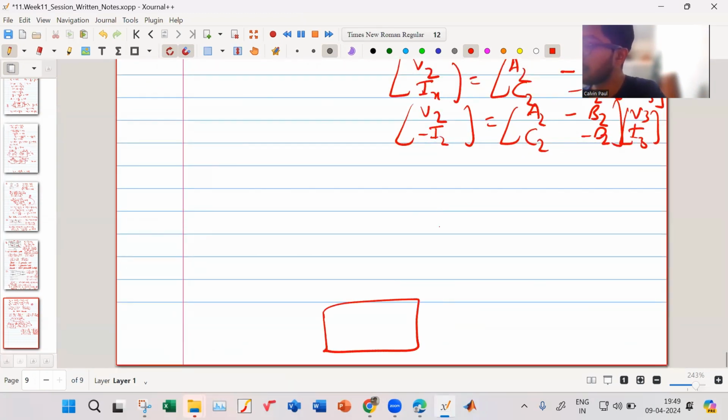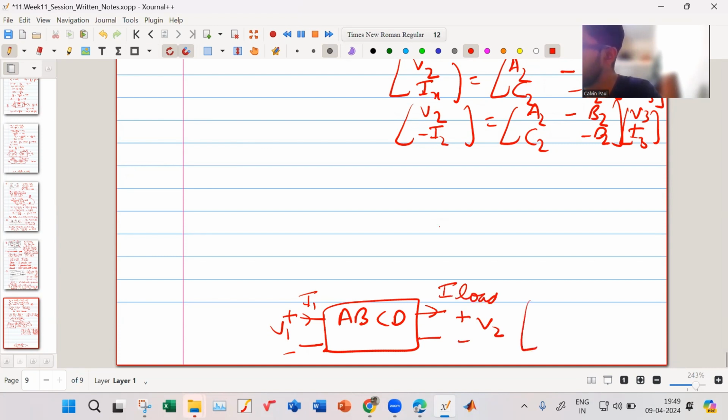For all other parameters, the current is entering inside. If it is ABCD, this is your V1, this is your I1, this is your V2, this is your I load. This is how they consider. So V1, I1 is equal to [A, B; C, D] times V2, I load.